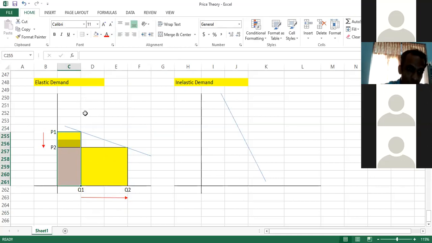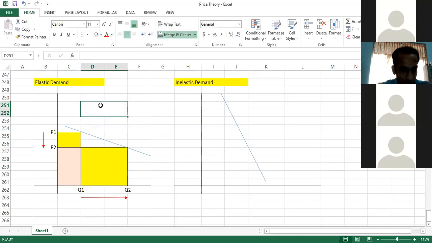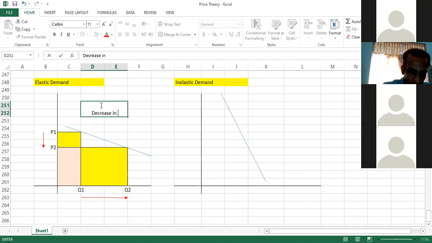So this is the decrease in total revenue due to the decrease in price.